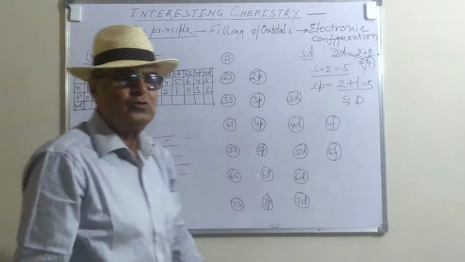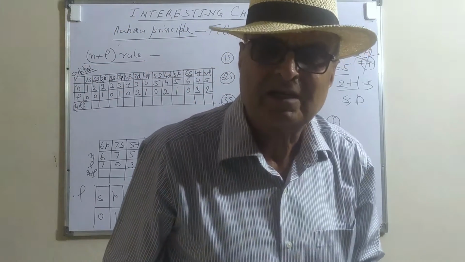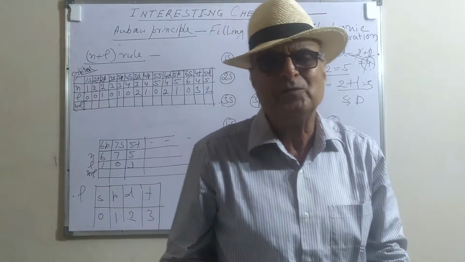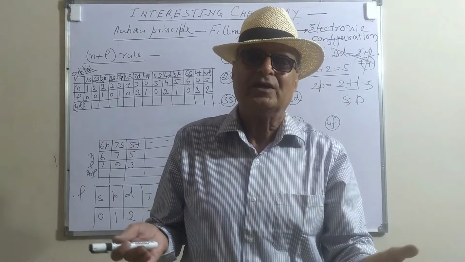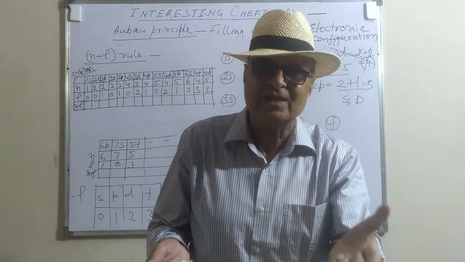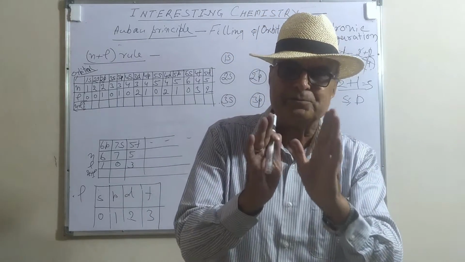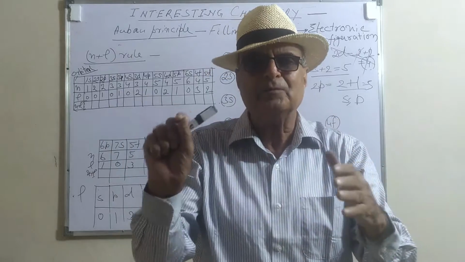If I ask you to find the value of 1P, can you find it? Definitely you will say no. There is no P in the first orbit or the first shell. So please be careful.